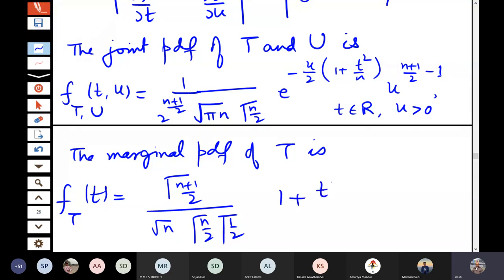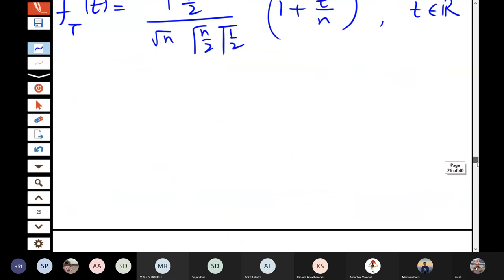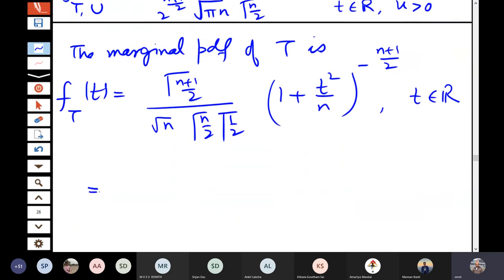So if I write it in the numerator, I will put the power minus n plus 1 by 2, where t is from minus infinity to infinity. So this is the probability density function of a t distribution on n degrees of freedom.